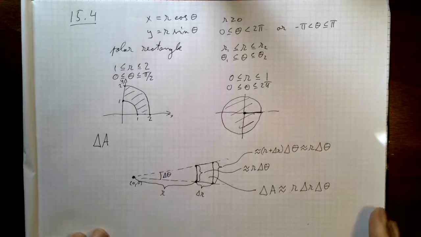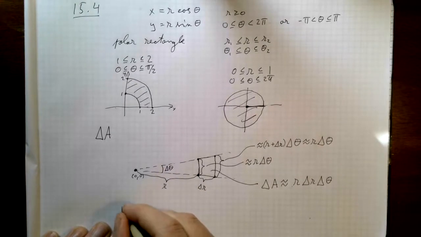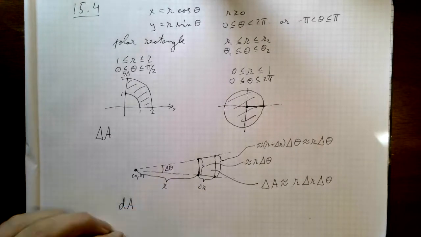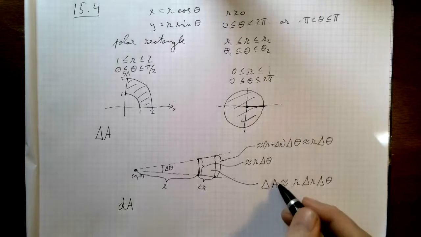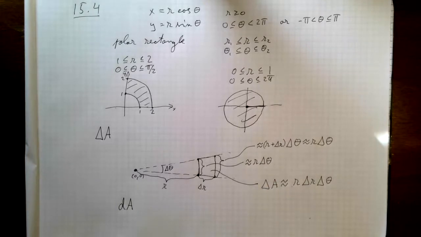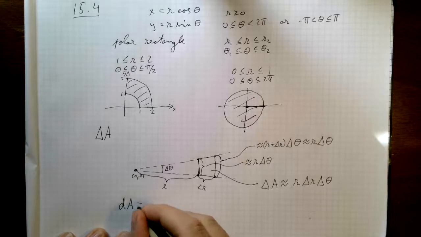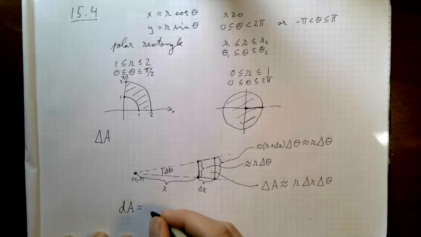Because in integration, this dA was the limit, the infinitesimal version of this delta, and that's where all these approximations actually become equalities. So this was in terms of Cartesian coordinates.